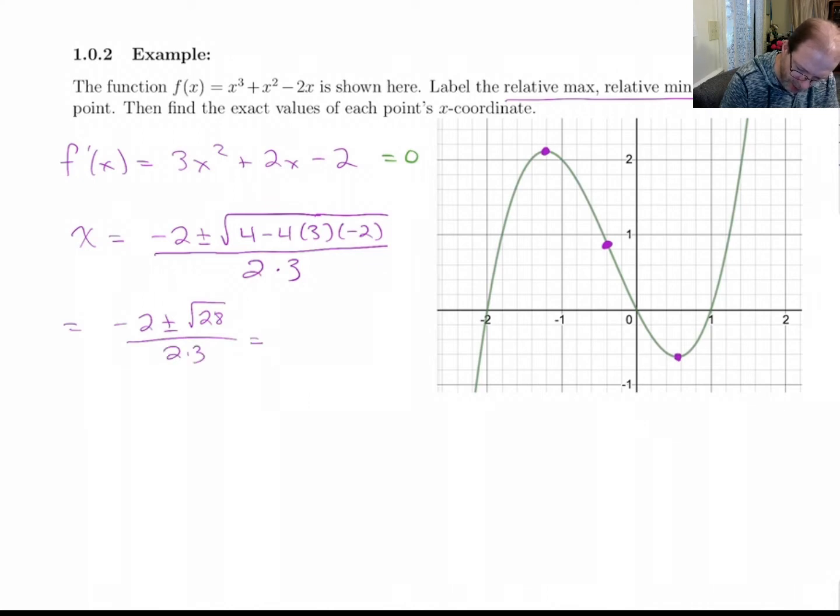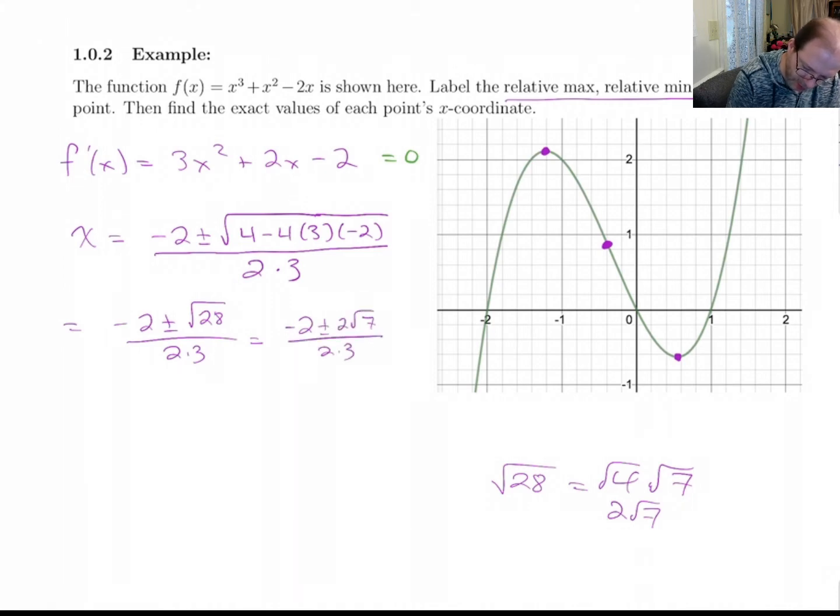And that 28, you can break into 4 times 7. So this is minus 2 plus or minus 2 root 7 over 2 times 3. So it looks like my answers here are negative 1 plus or minus root 7 over 3.